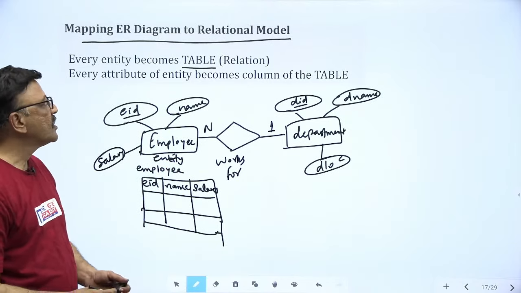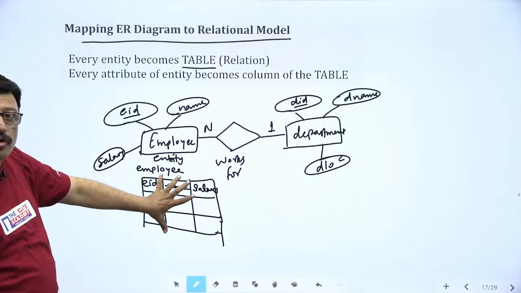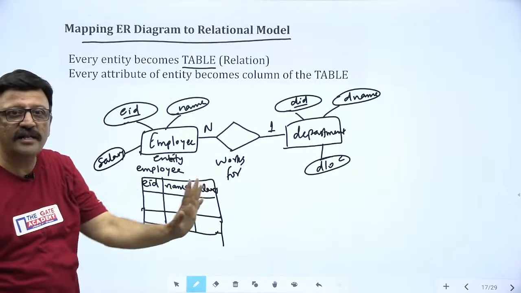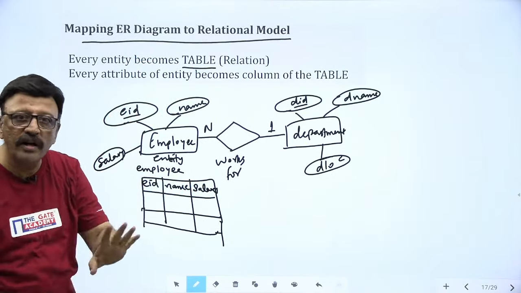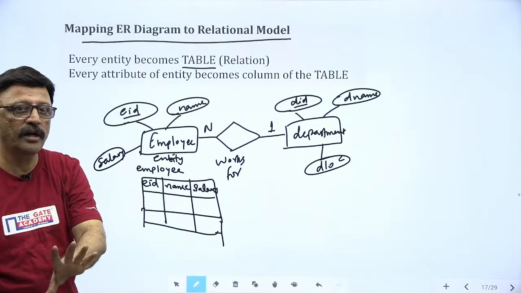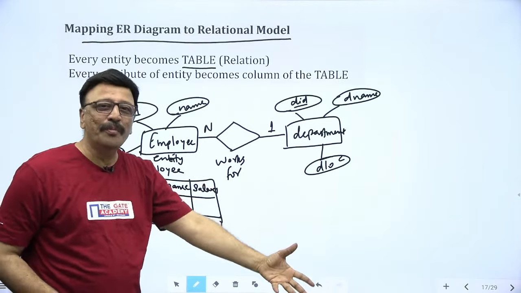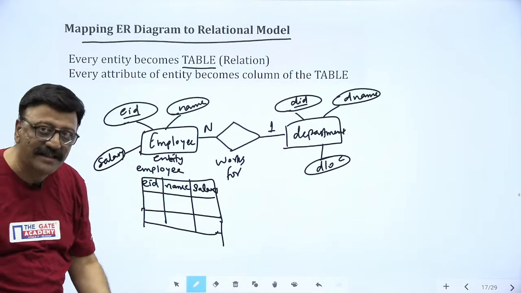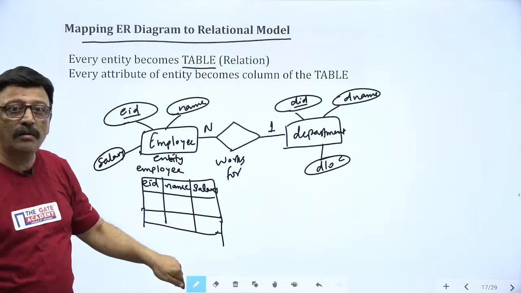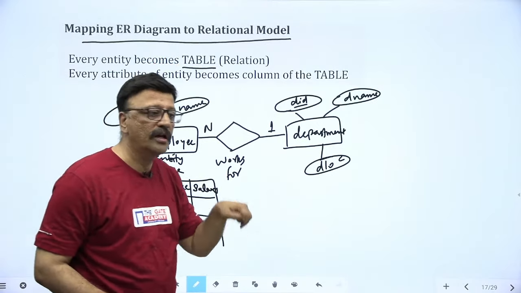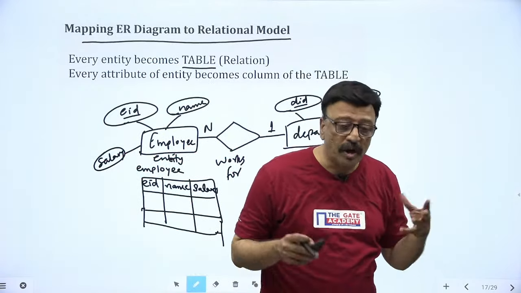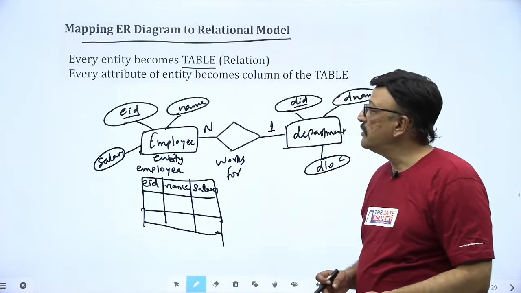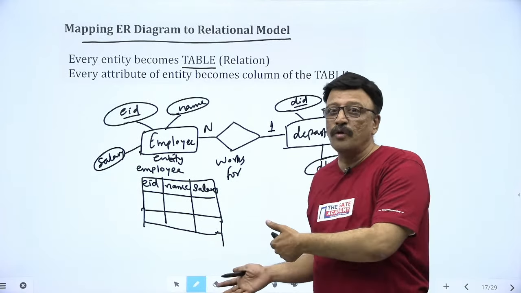By the way, the table which I have shown is also called a relation. Don't worry in this session about why it is called a relation. Tomorrow we have a session on the relational model, but because we are learning the ER model, I have entered the relational model here, and the things discussed now won't be discussed tomorrow.